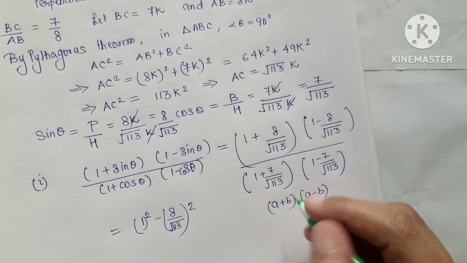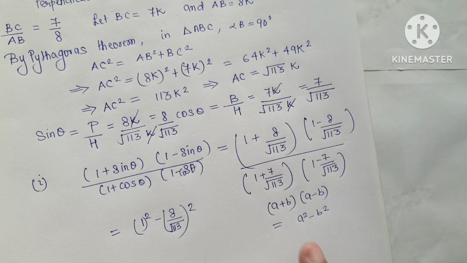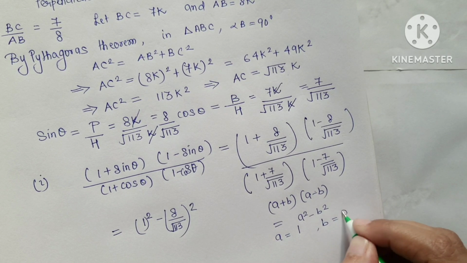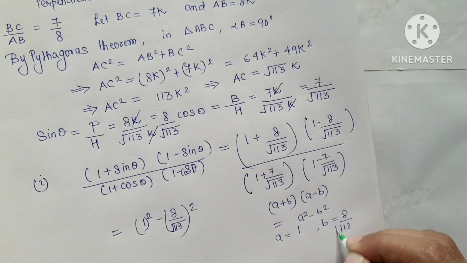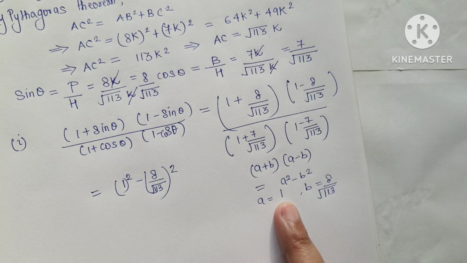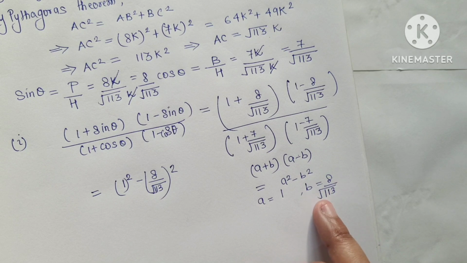This is an identity, right? So what can you do? You can write it like this, a square minus b square. I have assumed a as 1 and b as 8 upon square root of 113. So can I just write here like this, 1 square minus (8 upon square root of 113) whole square, right?